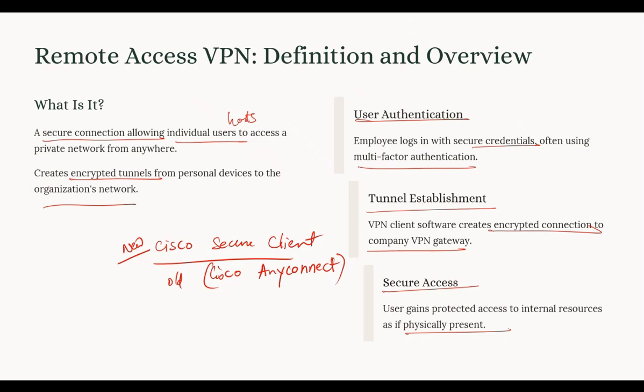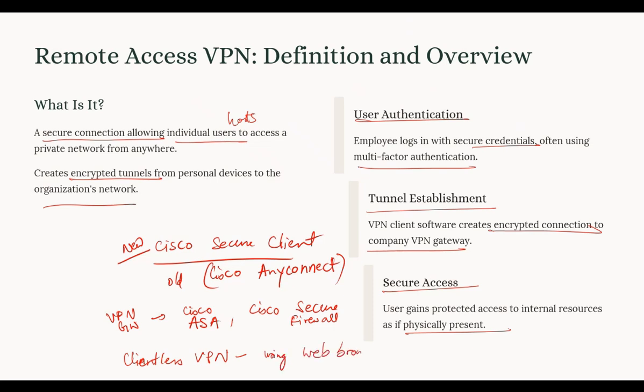Now, in remote access VPN, the VPN gateways in Cisco are either Cisco ASA, Cisco Secure Firewall, or Cisco Secure Firewall Threat Defense. Now, either you will have a VPN client used by the host, or there is a clientless VPN connection also, in which you can access the VPN headend using a web browser.